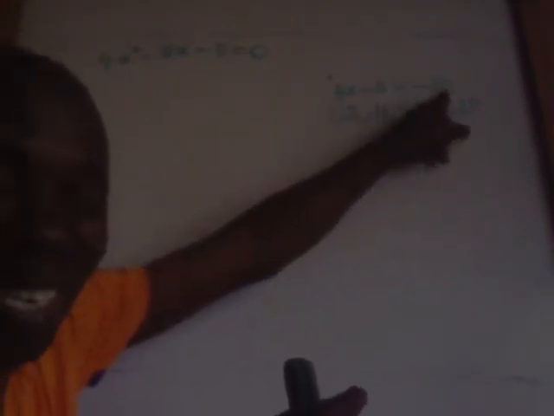You manipulate their signs: plus here, minus there, or minus here, plus there. You put signs in front of them in such a way that when you multiply the two numbers we have chosen with their signs together, you will get minus 20.